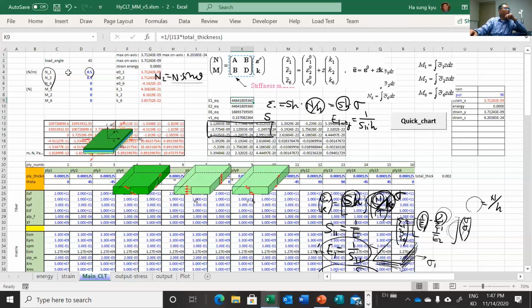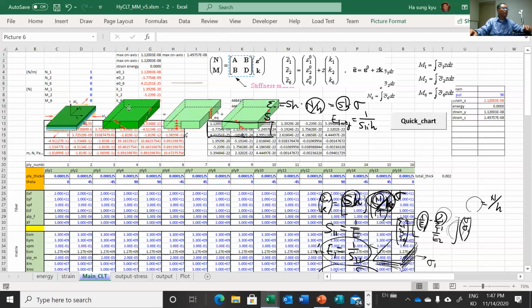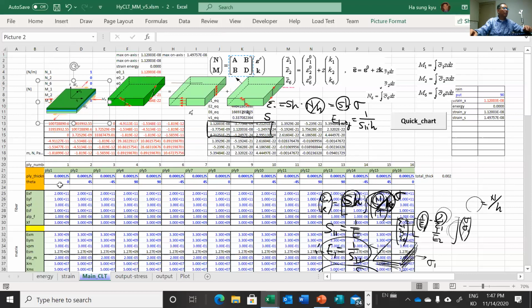I'm not going to apply the load in every direction. This is a much easier way to confirm that. Sorry, I'm going to just apply that one and 0. Let's say we layered all 0 first.